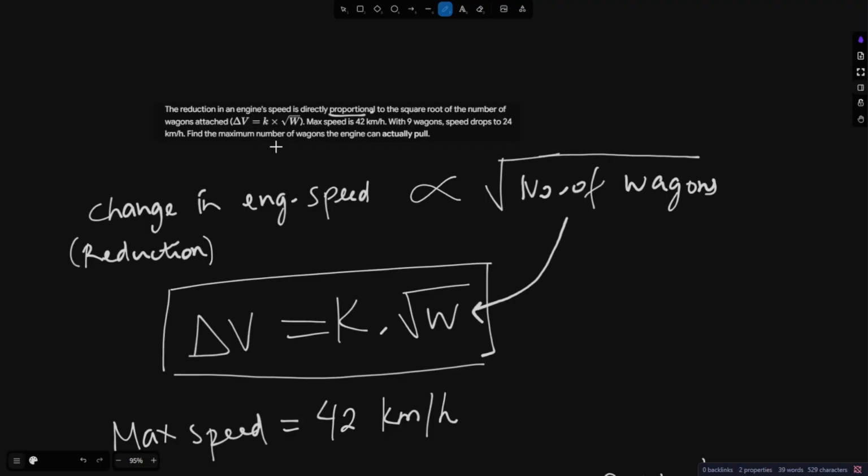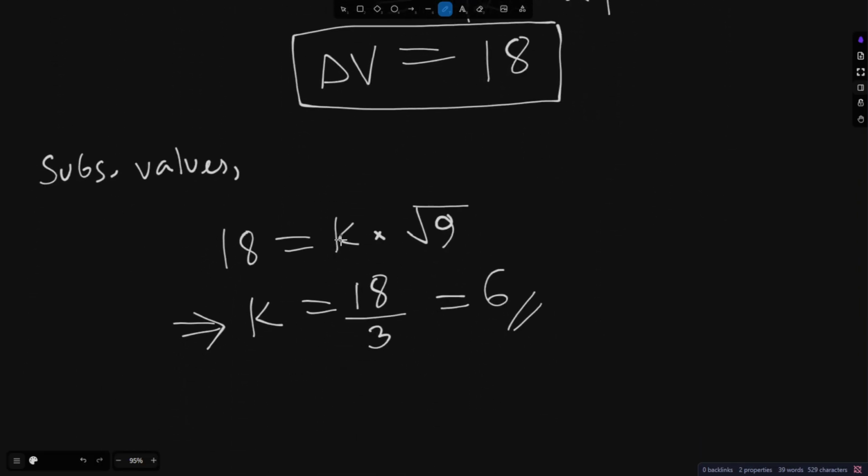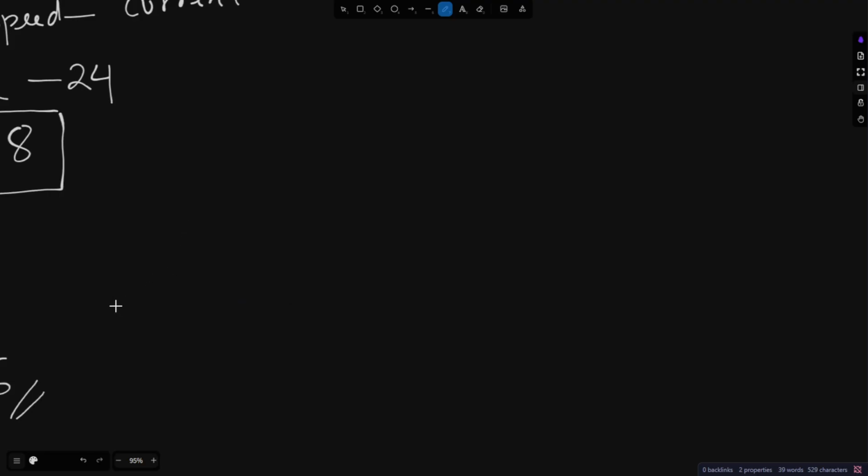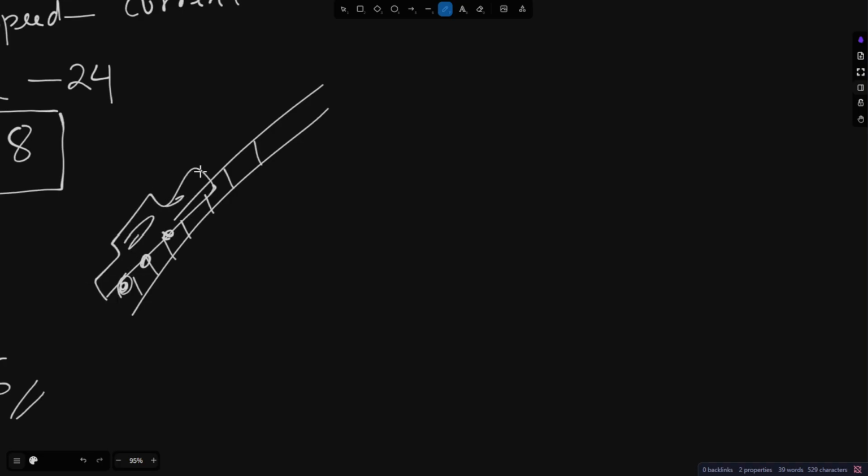Find the maximum number of wagons the engine can actually pull. So now we have to think about the problem a little logically. We have the track, we have our train, and we have the wagons.